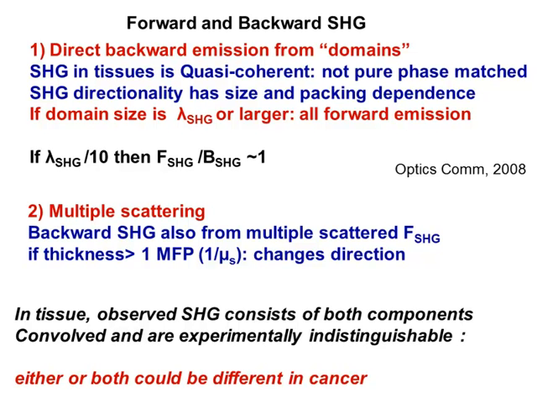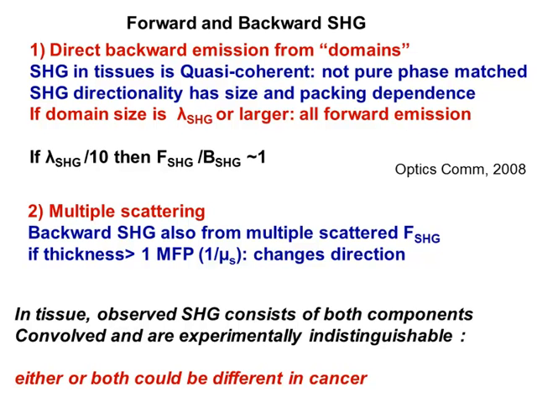And so in an SHG experiment from tissue, there is always going to be a direct backward component, because if you frequency double in a crystal, all that light will go forward because it's a perfectly phase matched case. Well, in tissue, that's never true, because you have dispersion in the refractive index between the fundamental and the SHG wavelength. Because that's not phase matched, this has implications on how the light gets made.